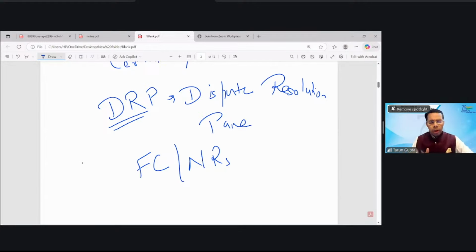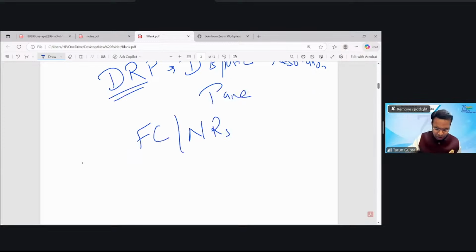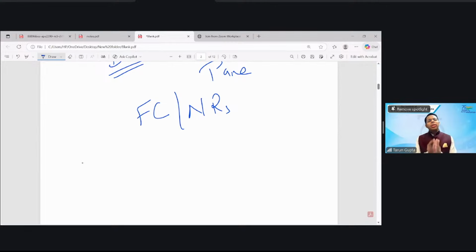Let's first understand what the DRP is and what the procedure is, then we'll study the notes. It will help us. The DRP provisions are contained in section 144C. You need not remember the section. So firstly, why is DRP introduced?